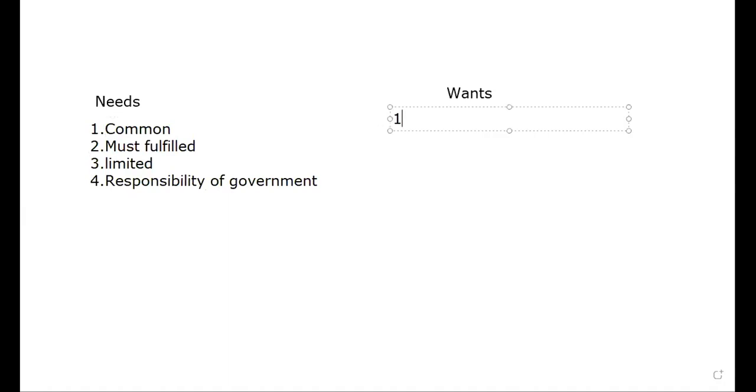So on the other hand, you can write down the four main opposite parts of the wants. If you say the needs are common, you can see wants are diversified, different from each other. And needs must be fulfilled. Wants are not a must. And the third one, you can see needs are limited, while wants are unlimited.